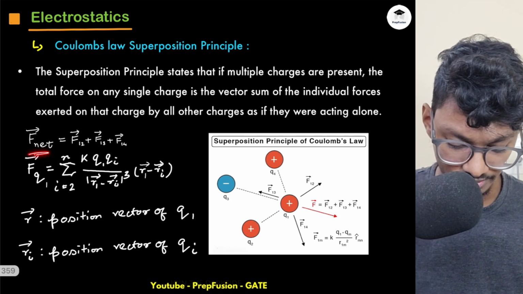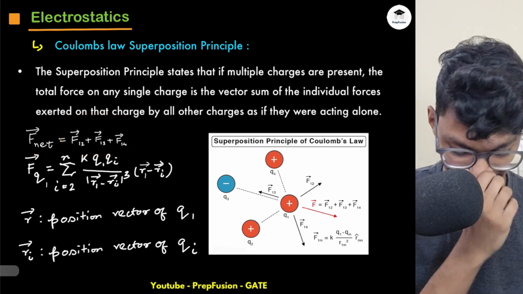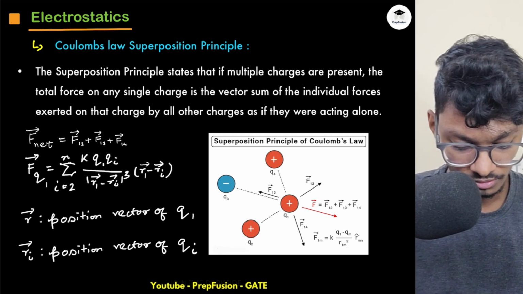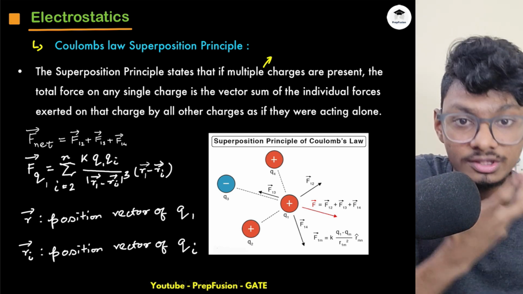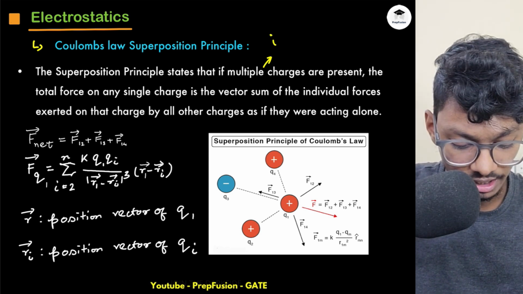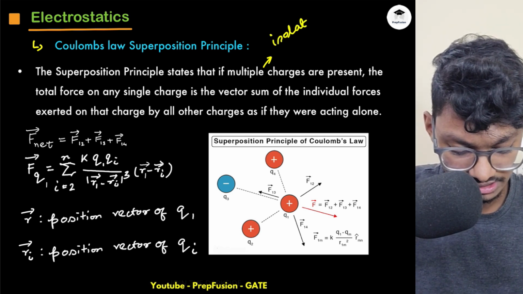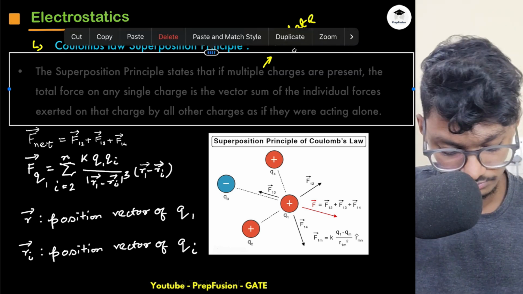So f net will be the sum of the forces from the individual charges as if they were acting alone. How do we use the superposition principle?